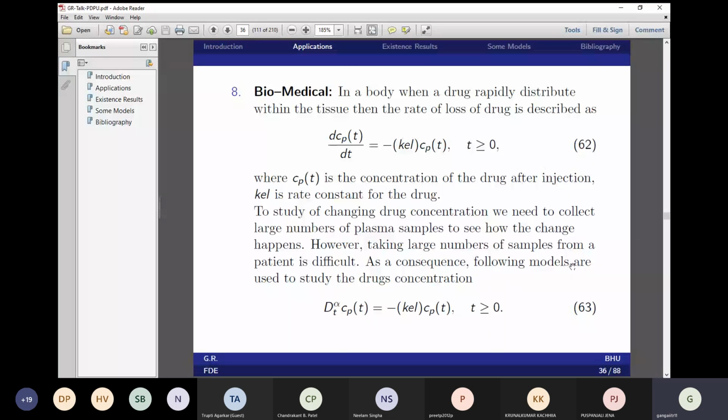As a consequence, the following model will be used to study the drug concentration, just replacing the order of that differential equation. So this is another application of the fractional calculus in biomedical science. Basically this relation is called the pharmacokinetics model.